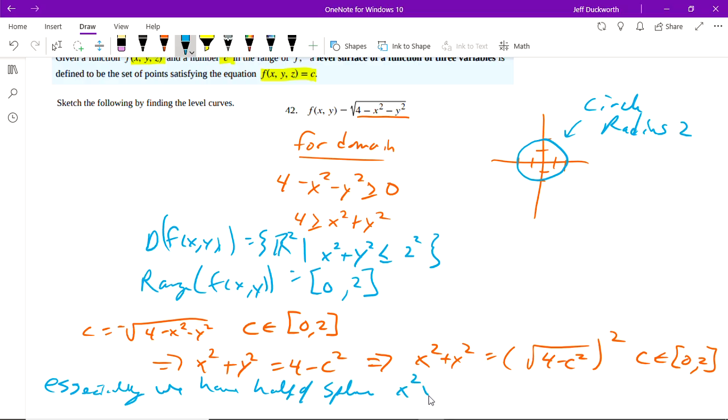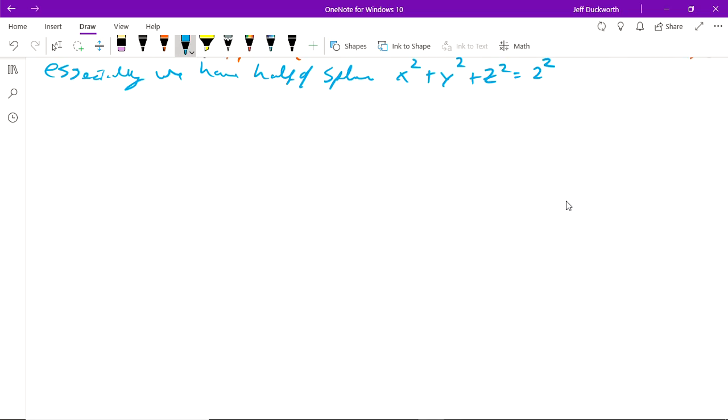And the sphere is x squared plus y squared plus z squared equals 2 squared. And as far as graphing that, we can think of that as that graph above of the outermost circle. I mean, essentially what it's going to look like.